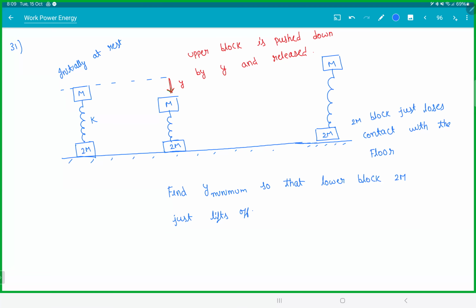Let's see. I'll tell you one thing. Is the spring initially in natural length? If this is in natural length, then who is balancing this mg weight?